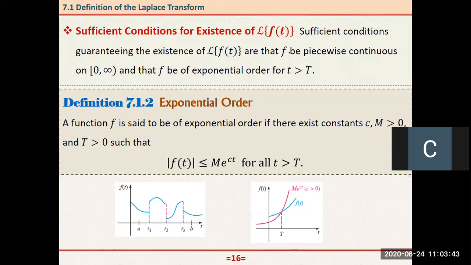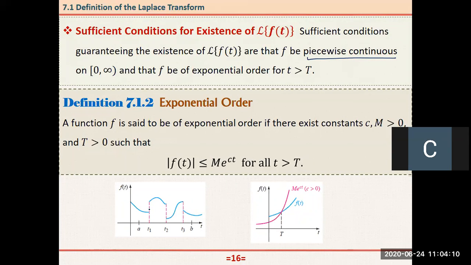The first one is that f be piecewise continuous on this interval. From calculus, you should remember that piecewise continuous means if you're given any interval, I can divide it into finitely many subintervals, and over each subinterval the function is continuous.